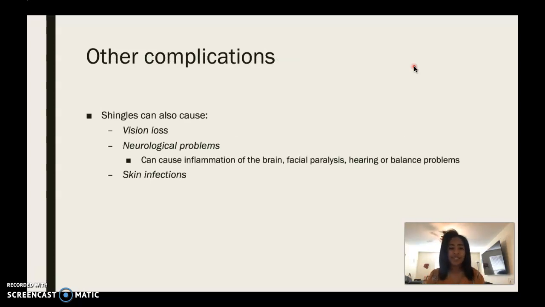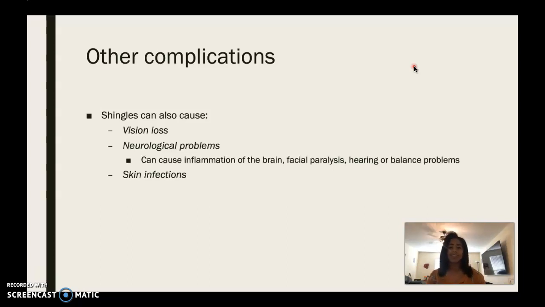Other complications of shingles include vision loss, neurological problems, and skin infections. The vision loss and neurological problems often occur whenever the shingles rash is on the face, and the vision loss can occur if the rash is somewhere near the eye, which causes an infection in the eye, which ultimately results in vision loss. And the neurological problems can cause inflammation of the brain, facial paralysis, hearing and balance problems, and things like that.